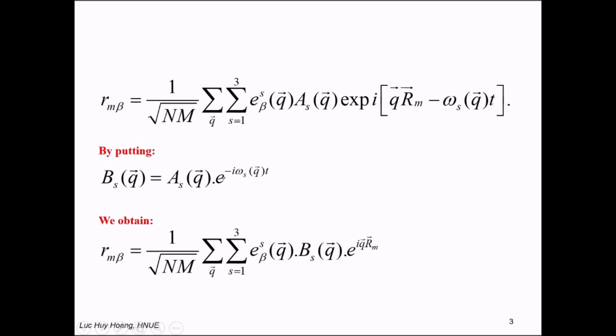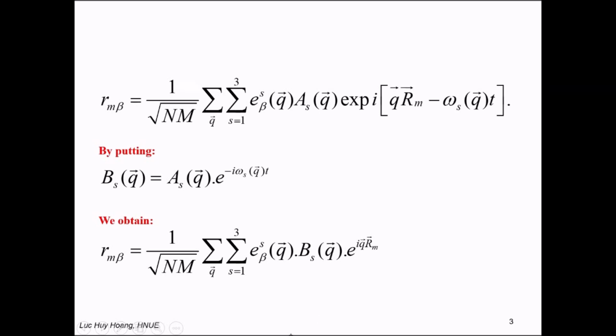Chúng ta đặt b_sq bằng a_sq nhân e mũ trừ i omega_sq t, lấy a_sq nhân với e mũ trừ i omega_q t ra bên ngoài. Và như vậy thì phương trình dao động này cuối cùng thầy sẽ viết được như thế này: R beta bằng tổng theo Q, theo S của hệ số này nhân với b_sq beta nhân e mũ iqR.